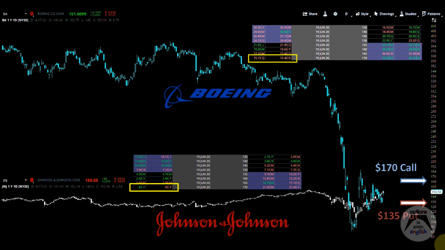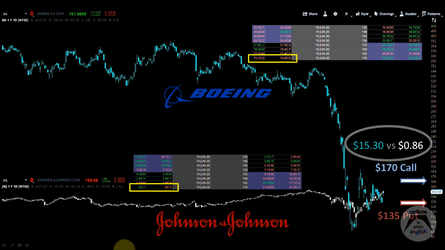And for Boeing, it's $15.15 and $15.40. So it's quite a difference. We're looking at the same strike price, the 170. They're pretty much at the same price. This is the same expiration. The only thing that changes is how volatile Boeing is when you compare it to Johnson & Johnson.